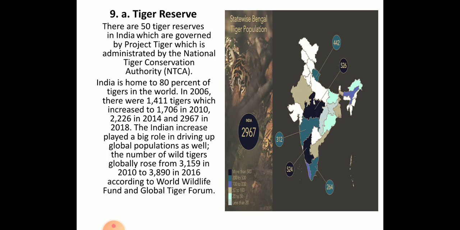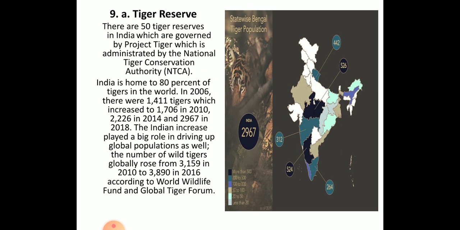Coming to the last question, that is the 9th question, and under that A, that is tiger reserve. India is highly populated with tigers among the world, and we have 70% of the worldwide population, and 50 tiger reserves in India, given by NTCA, that is the National Tiger Conservation Authority.